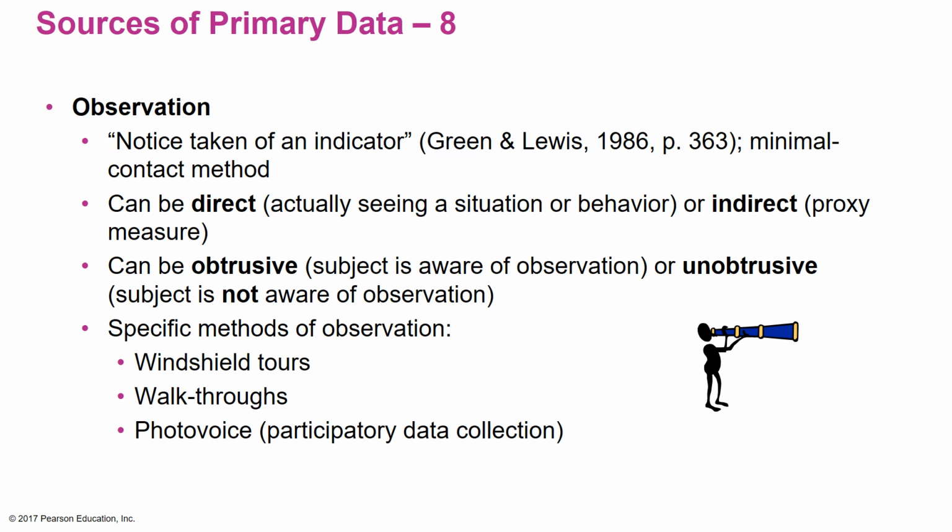Okay, observation. Remember, we're talking about collecting primary data. So observation is basically where you are doing that. You're observing a group of individuals for the presence or absence of certain variables of interest. It's a minimal contact method.